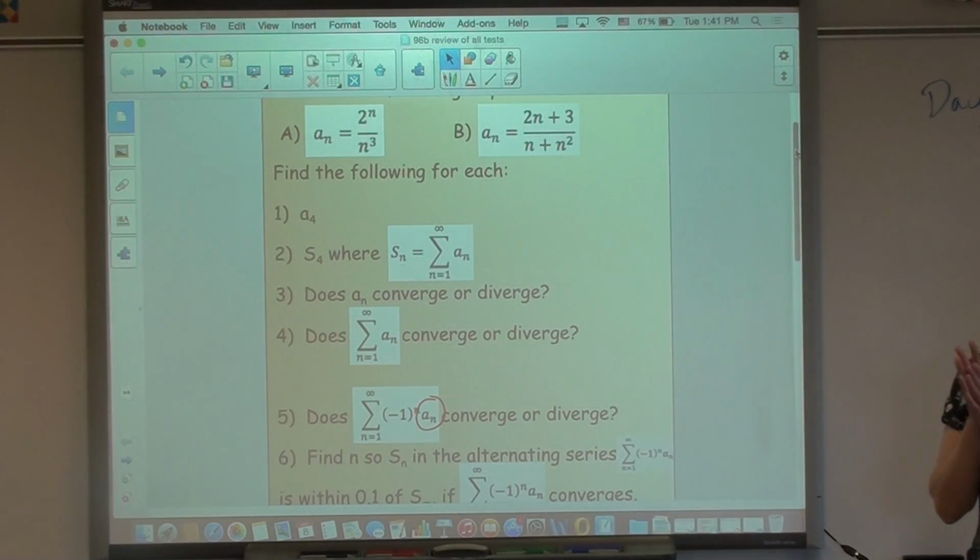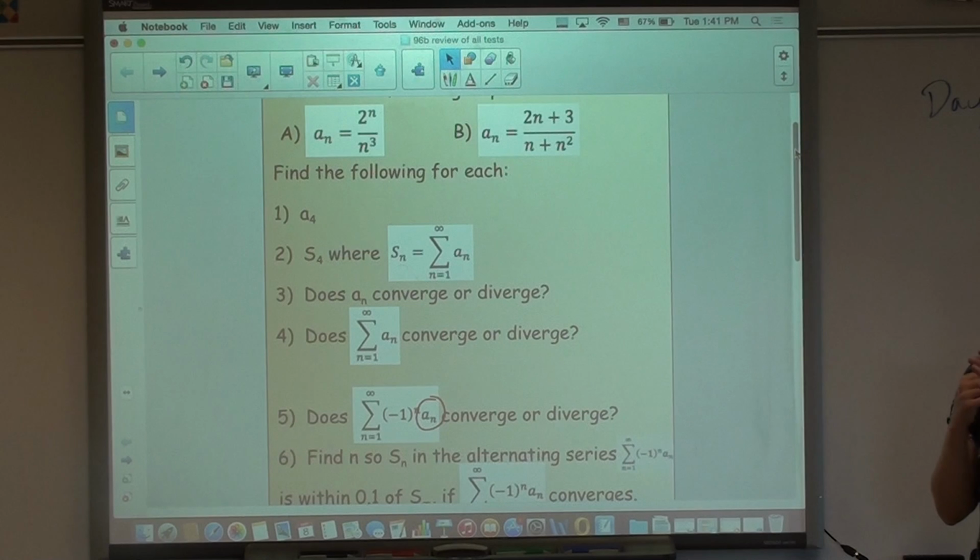This is a tricky one, any idea of a good test to use? Limit comparison. Yeah, limit comparison is a good test to use for this one. Not many tests serve you well for this. The ratio test is inconclusive. The root test doesn't really work well.